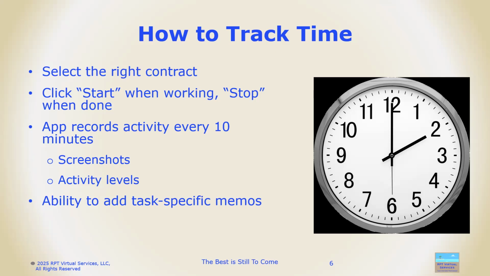And that means it's going to take screenshots and it's going to monitor your activity levels, things like keyboard usage and mouse usage. It also allows you to add task-specific memos so you can explain to the client why you did something or if something unusual happened or just what you were working on at the time.